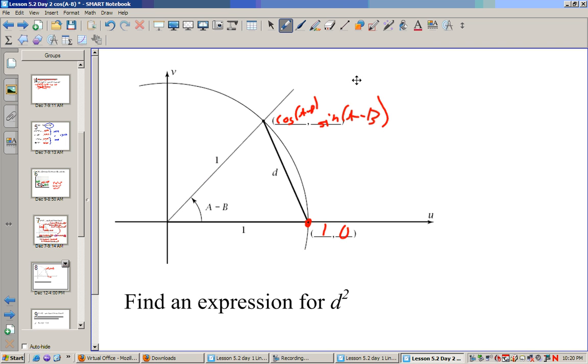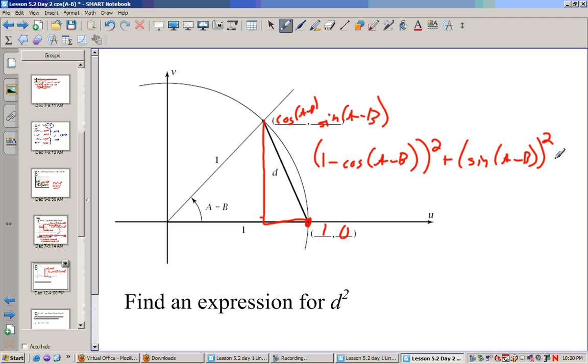Alright, so if I want to find my distance formula, I can make my right triangle, and I say this is 1 minus cosine of A minus B. Now I'll square that, plus sine of A minus B minus 0, so that's just sine of A minus B squared. That's going to equal that same D squared.